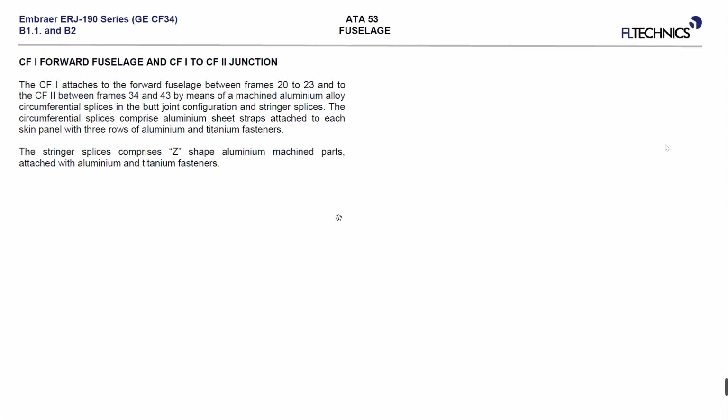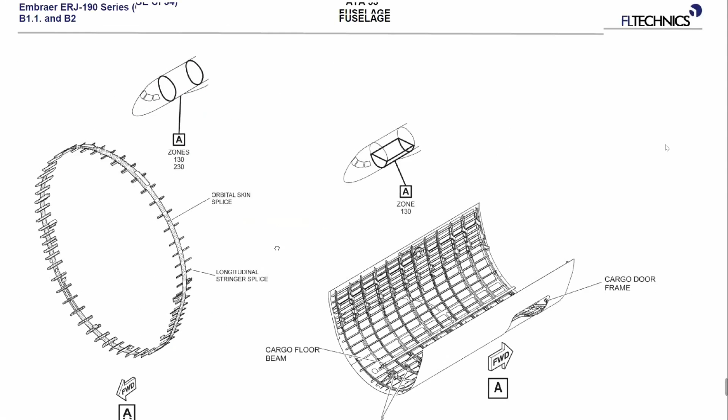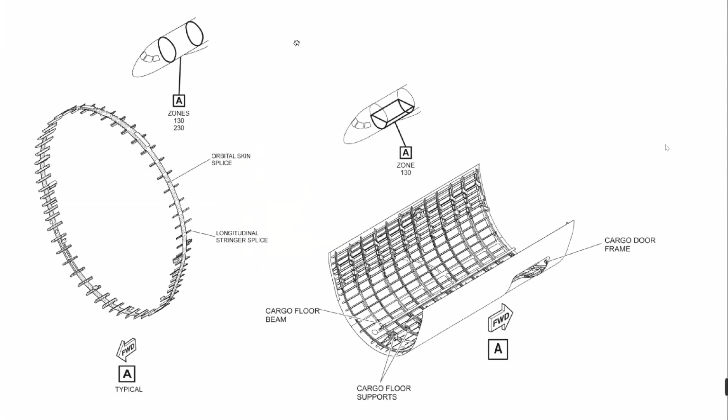Here, when you talk about the junction of center fuselage 1 and forward fuselage section 1, we have these splices. The splice is the component which makes two plugs come together.